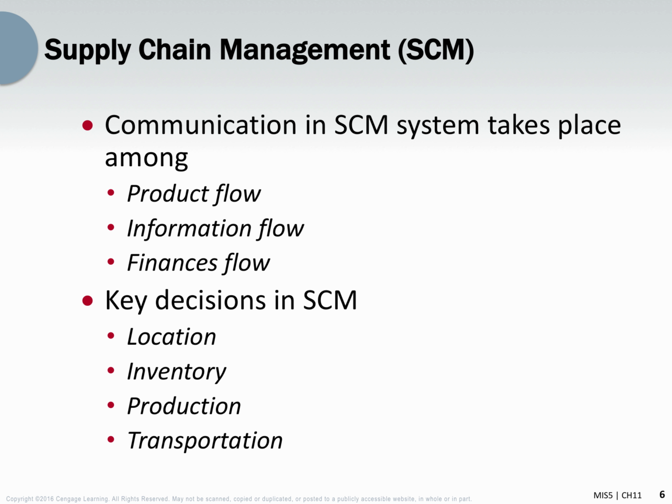And what we're seeing is that when these systems are put into place, you can make some key decisions on where to move goods. That's what location is. This is the where. The inventory: how much do you need based on what you know about how the good is selling? The production: how much do you need to produce? And then transportation: how do you want to get it from point A to point B?